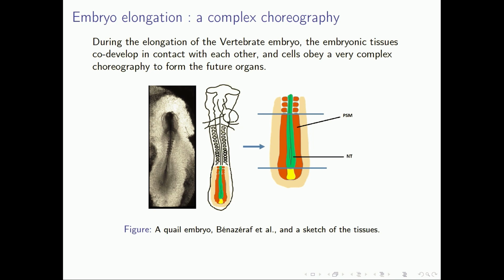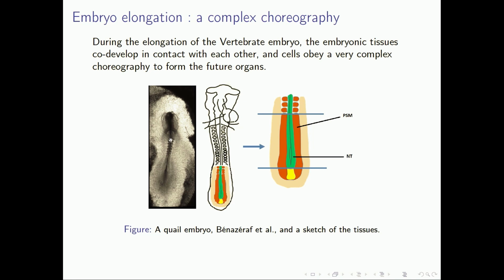quite complicated. In particular, one first thing that we see is that we have multiple tissues. So let me present you these tissues. Here you have a picture taken by the group of Bertrand Benazeraf in his lab. This is an embryo of a bird. You have the head at the top, the tail at the bottom.